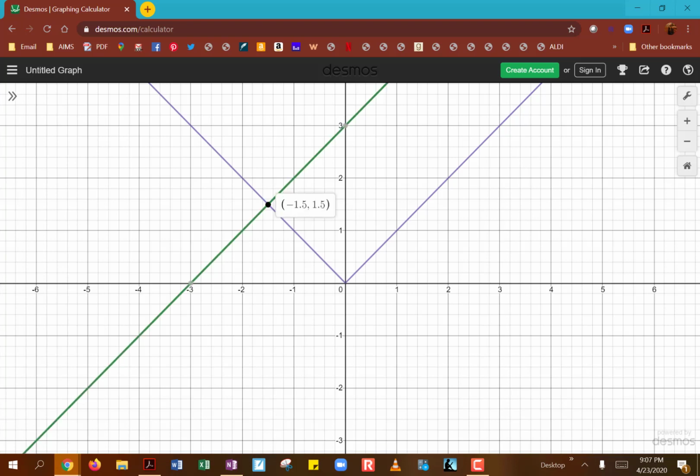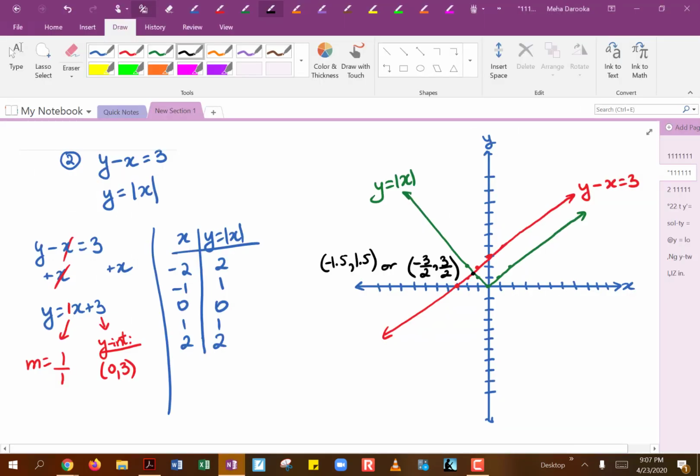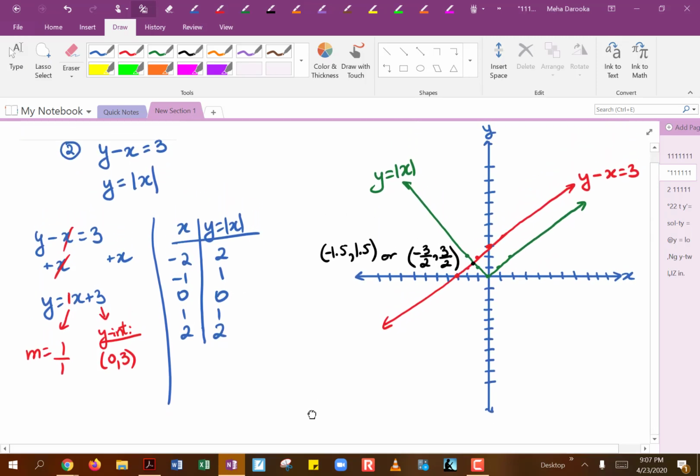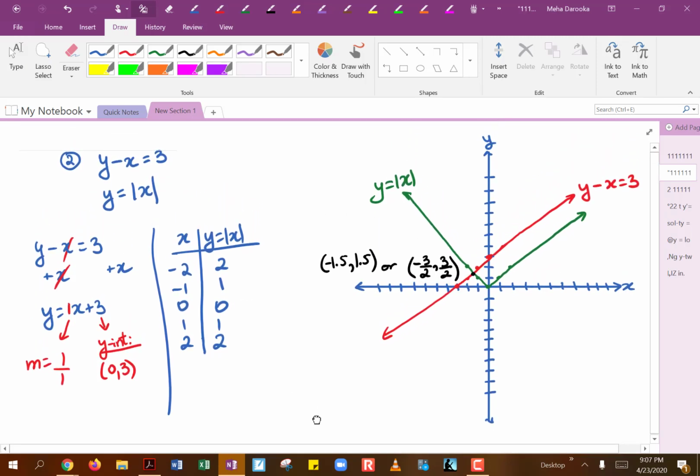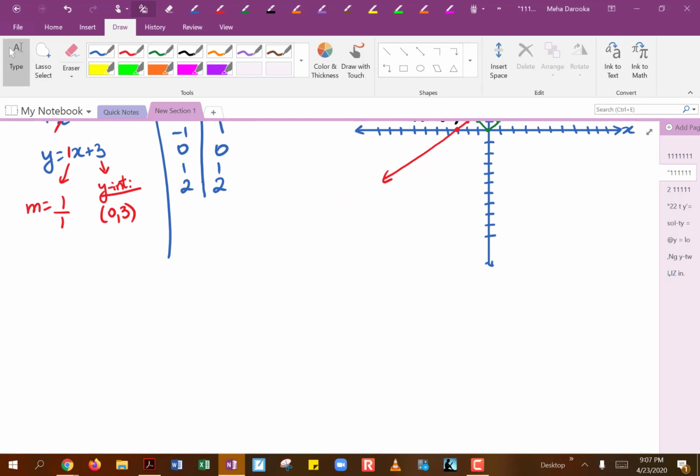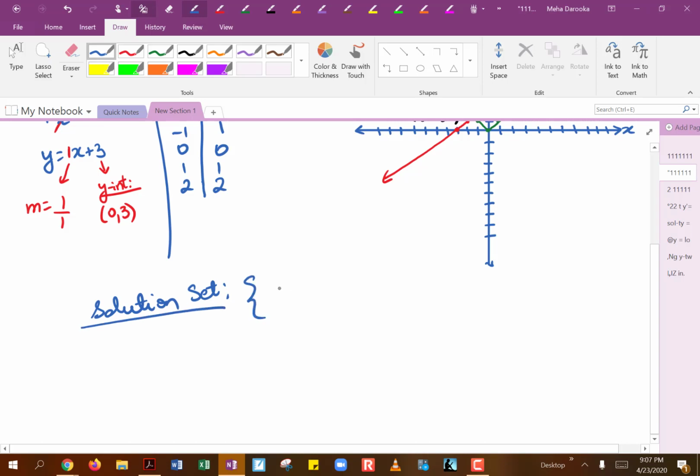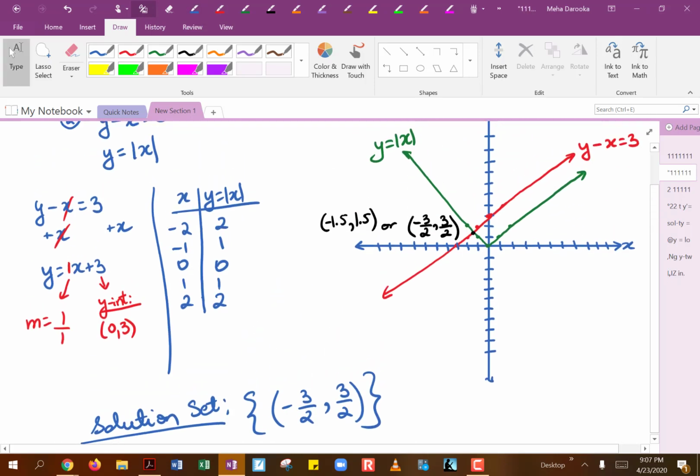So this is right there at -1.5 and +1.5. But again, like I said, make sure you're writing your solutions as fractions and not decimals. And you can see the graphs only intersect at one point. So our solution set for this system is going to be (-3/2, 3/2). And there you go.